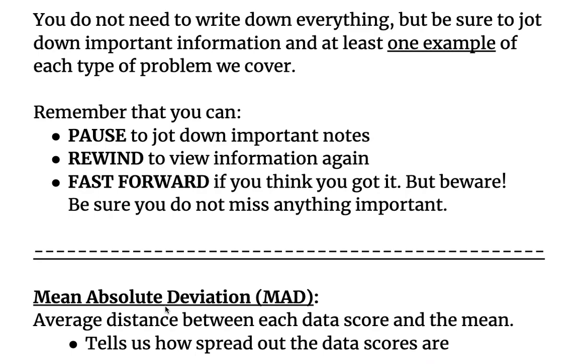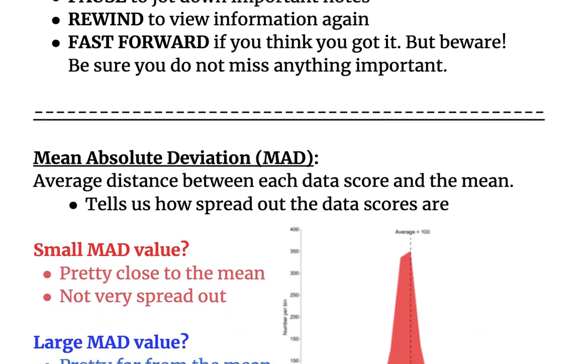If they're super close to the mean, then that means they're not very spread out. They're kind of clumped together. But if some data scores are kind of close and others are really far apart from the mean, then that means they're pretty spread out. So that's what the MAD tells us.